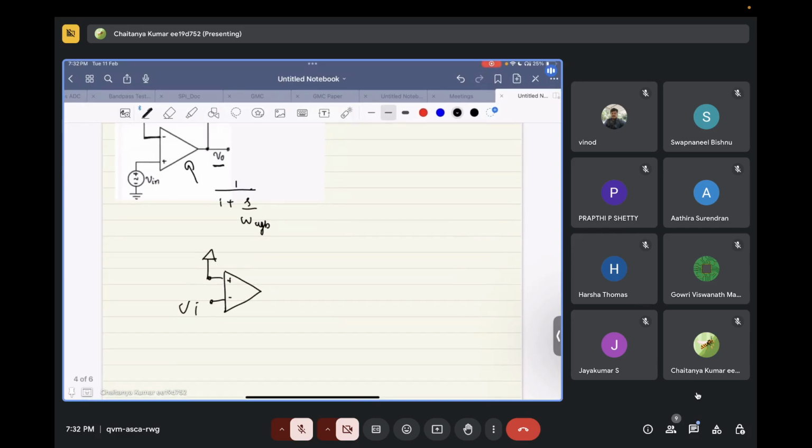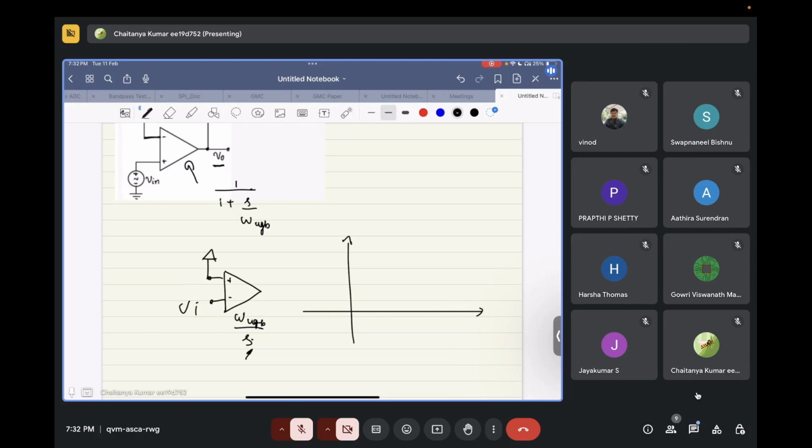Let's say the gain of the op amp is infinite at DC. If the unity gain bandwidth is given, the transfer function of the op amp will be considered as this, with omega UGB given. How will this transfer function look? This transfer function will basically look like this.